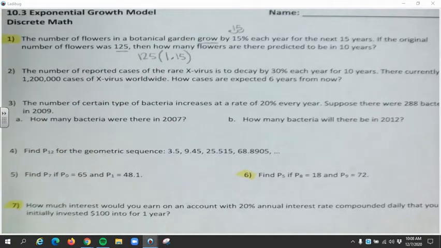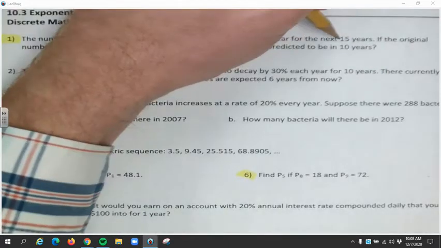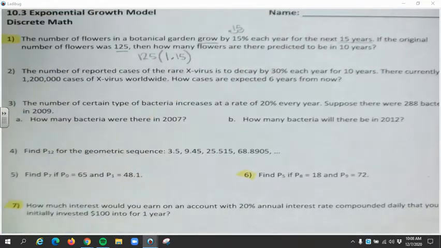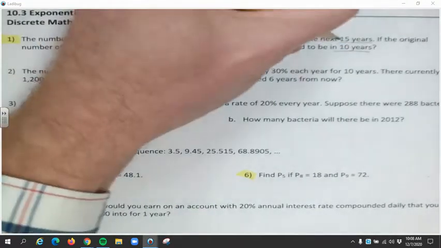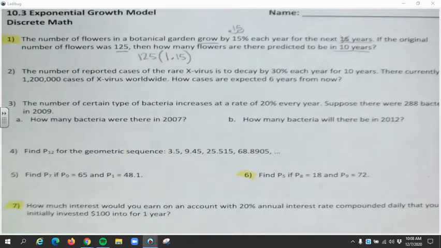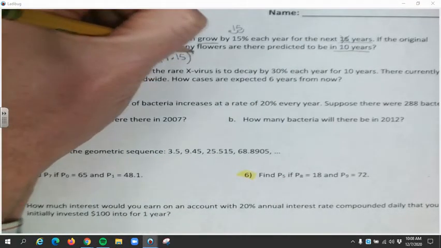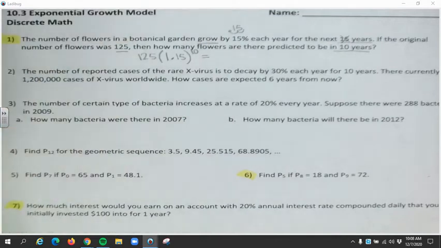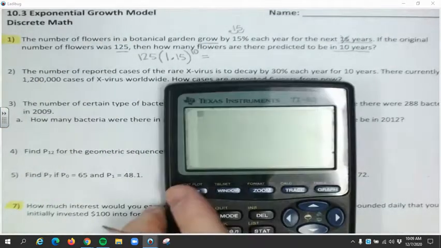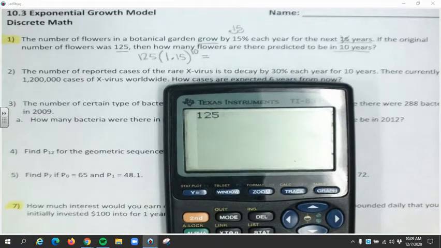My exponent is the number of years, or time in this case, and it says it's going to do this for the next 15 years. But the question says I want to make a prediction for the next 10 years. So I don't really care that this equation works for 15 years, because all I want to figure out is what it is going to be in 10 years. So do 125 times 1.15 raised to the 10th power.